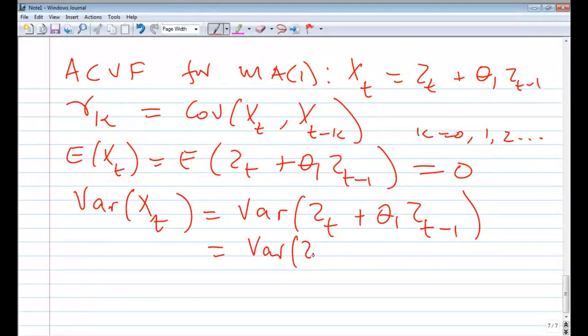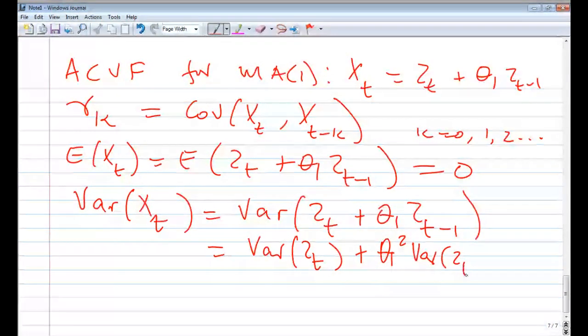Var of Zt plus what? Who can tell me? Var of theta 1 Zt minus 1 is equal to what? Theta squared, the var of Zt minus 1. Yes, which is theta 1 squared var of Zt minus 1. That's it.